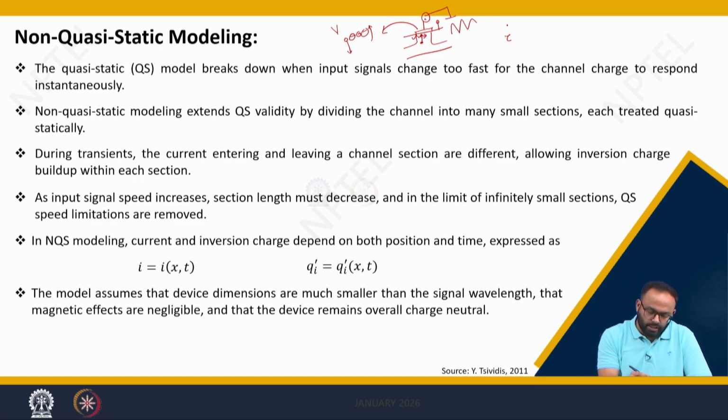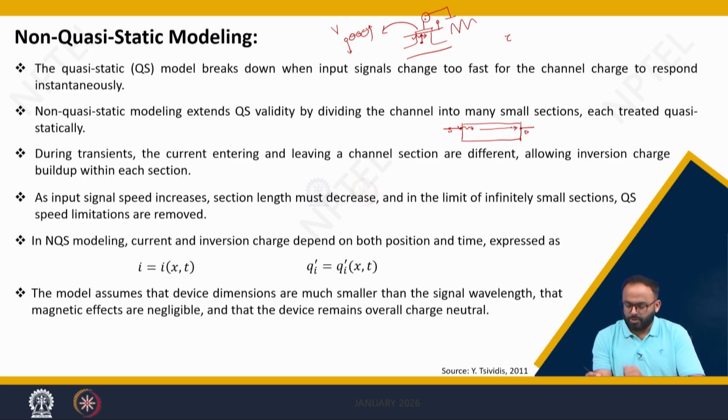We can see how non-quasi-static modeling extends the quasi-static validity by dividing the channel into multiple small sections. If you have a MOSFET like this, where this is the source end and this is the drain end, the carrier entering here will move from the source and reach the drain.